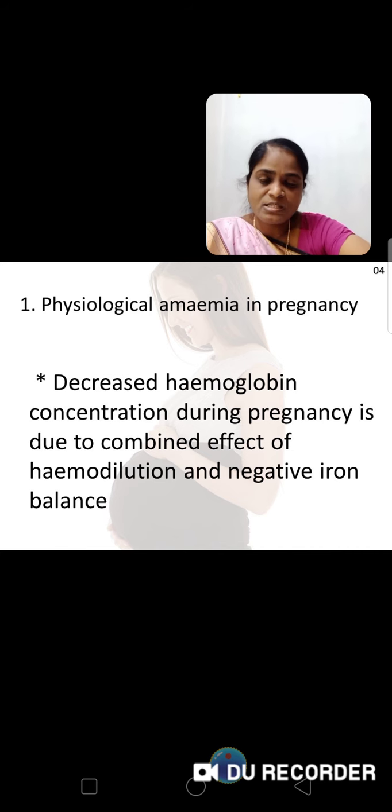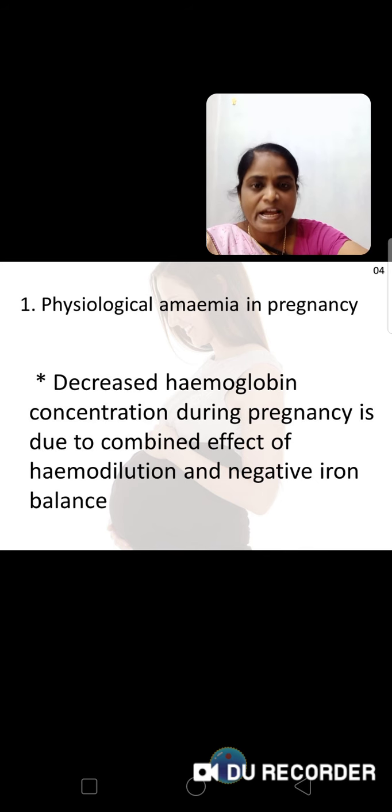Negative iron balance means low serum iron level and increased iron binding capacity. The iron binding capacity is increased, whereas the serum iron concentration is decreased. So this negative balance occurs in the blood, and this may be the reason for physiological anemia in pregnancy.